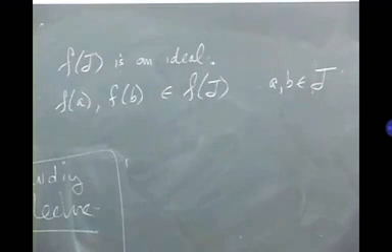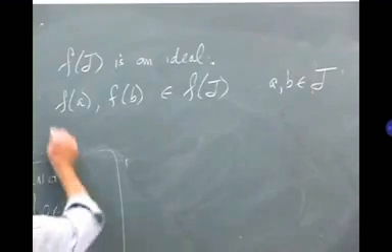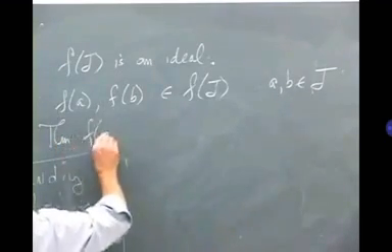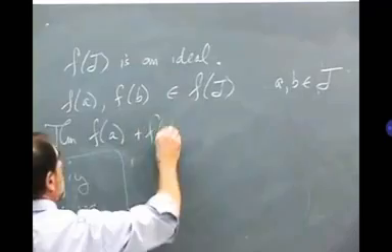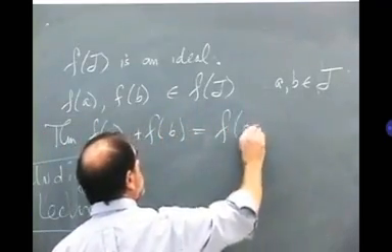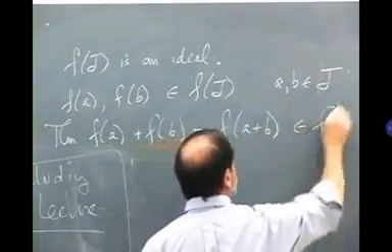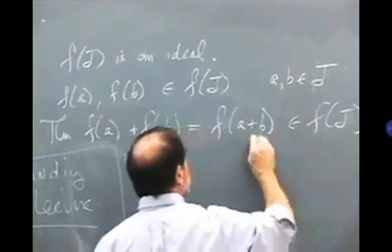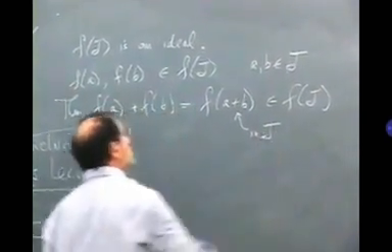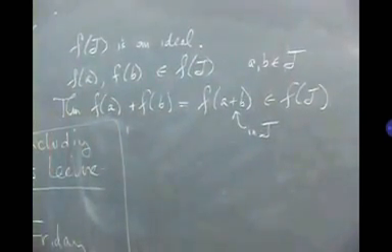Why? Exactly. Then f of A plus f of B is equal to f of A plus B, which is in f of J, because the sum of these two things is in J. That's what I mean by tautologous.